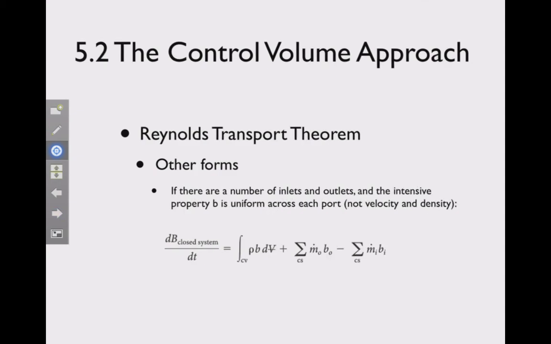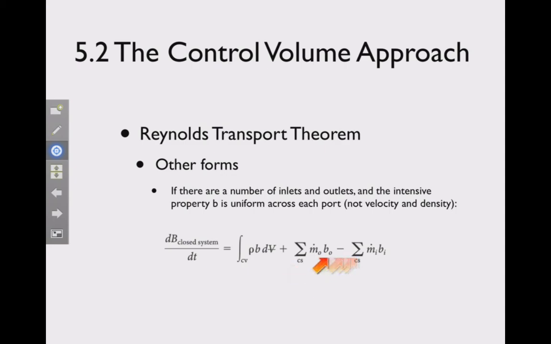We can simplify this even more. If there are a number of inlets and outlets, and the intensive property is uniform across each of the ports, and that's not even the velocity and density, they don't even need to be uniform, only the property that we're interested in.